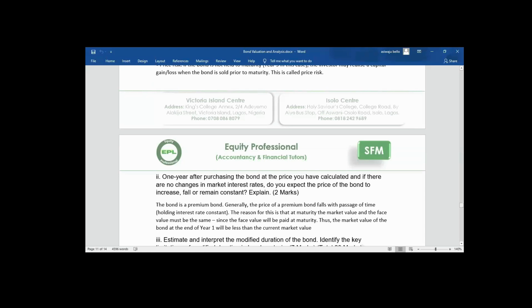Let us explain the question a bit. The examiner says one year after you purchase your bond at the price you have calculated. The price we have calculated is 1,060. So you purchase at 1,060.